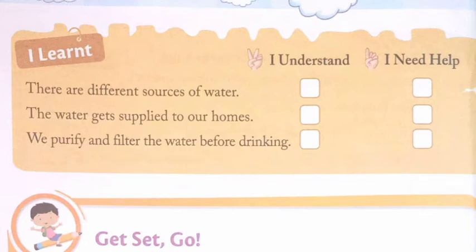We purify and filter the water before drinking. As we saw on the previous page, there are 2 processes given: one is boiling the water and the second is filtering the water. We can get purified water.